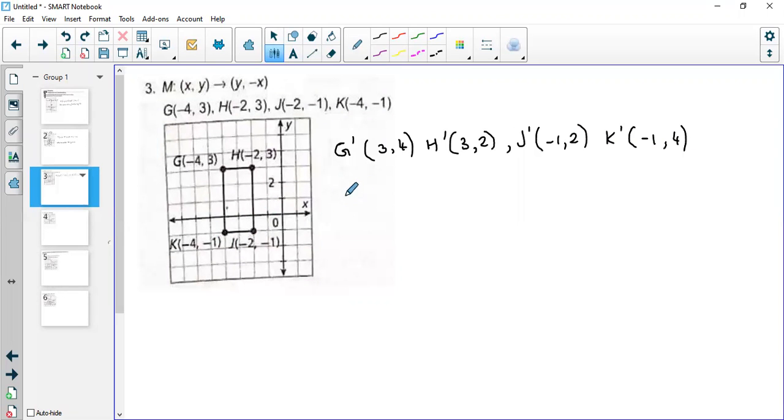So this says 3 and 4. So there's 1, 2, 3, it's somewhere here. 3 and 4 is going to be somewhere here, as the graph given is not enough, so your picture will be somewhere outside. Then 3 and 2, that's going to be here.